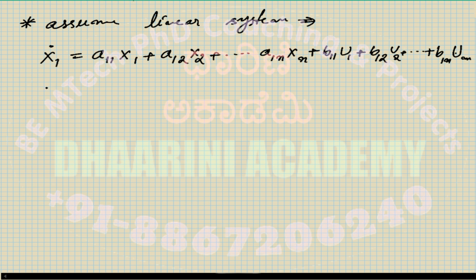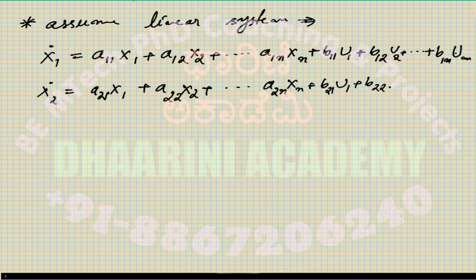So let's write one more equation. This is x2 dot equal to a21 x1 plus a22 x2 plus a2n xn plus b21 u1 plus b22 u2 plus b2m um. Very similar to this, we can extend the equations to reach the final one, because there are n number of state variables.